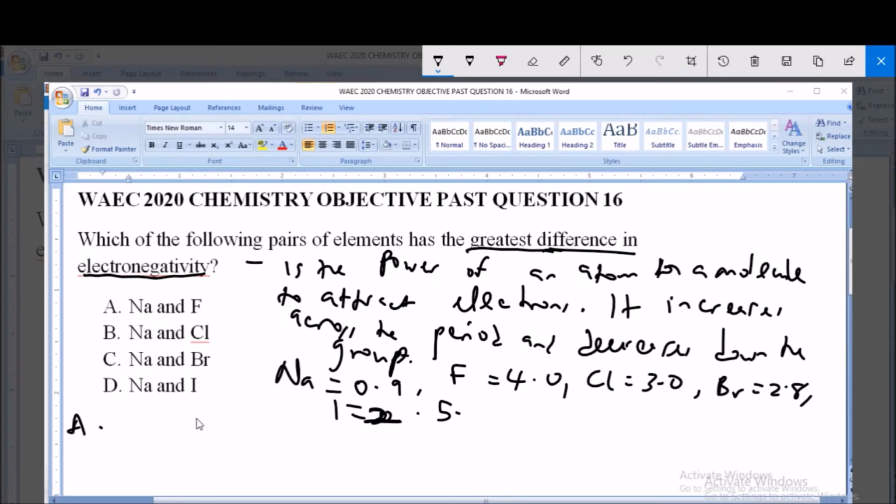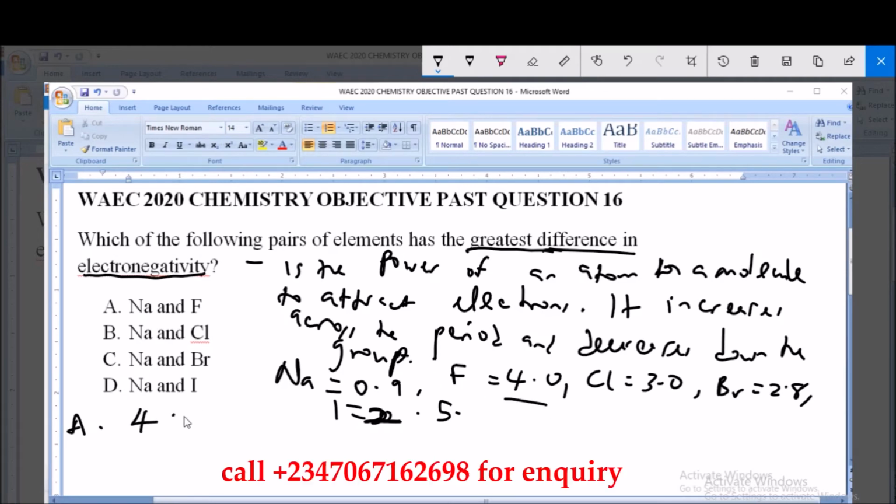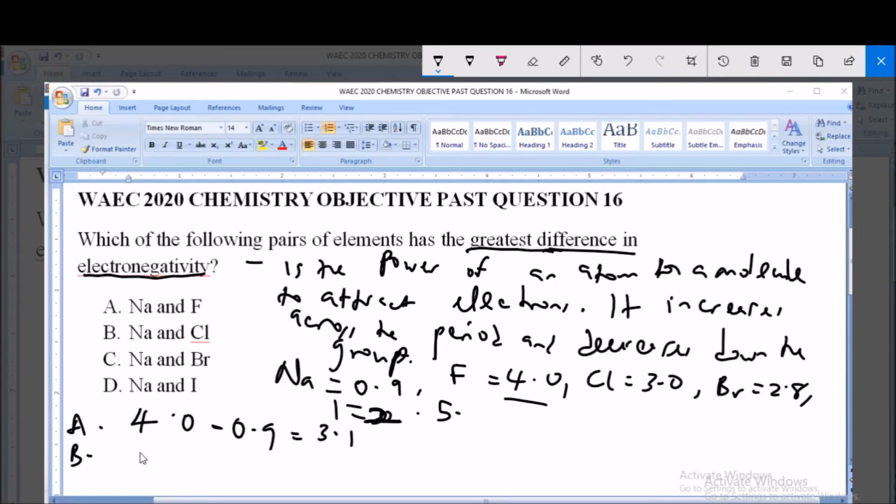So for option A, you have sodium and fluorine, that is fluorine 4.0 minus sodium 0.9 equals 3.1. Option B, sodium and chlorine: chlorine 3.0 minus sodium 0.9 equals 2.1.